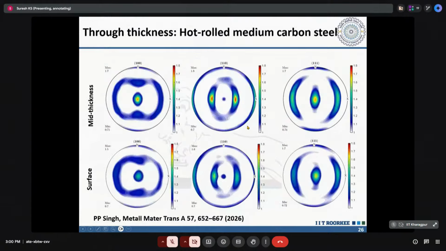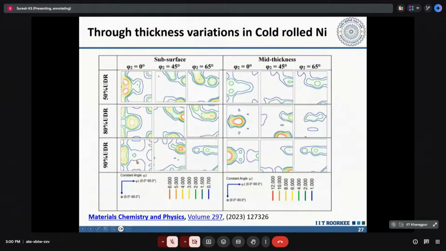Unlike the earlier case, where the pole figures qualitatively were similar but quantitatively different, for this cold rolled nickel sample, both qualitatively as well as quantitatively, you are observing a drastic difference in the texture evolution from the surface to the mid thickness region.